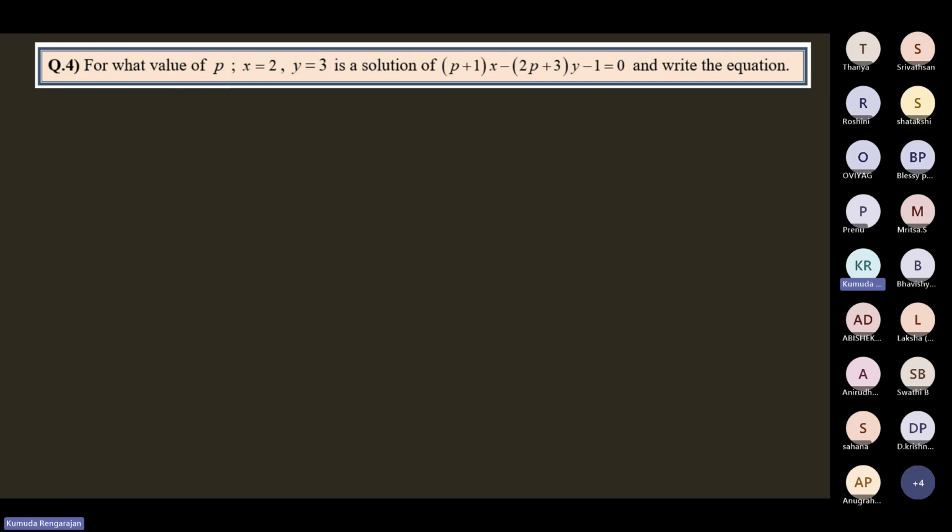Of those infinitely many solutions, one is given to you, 2, 3 is given to you. So we know that every solution will satisfy the equation. So (P plus 1) into 2 minus (2P plus 3) into 3 minus 1 is equal to 0. In place of X, use 2, and in place of Y, use 3. Why? Because it's a solution. X is equal to 2, Y is equal to 3. See, it's the point 2, 3, children.